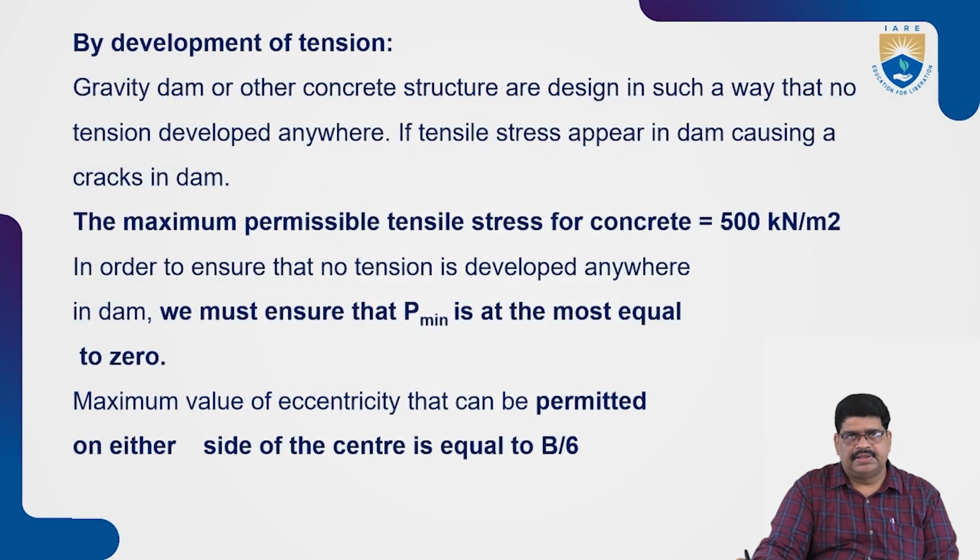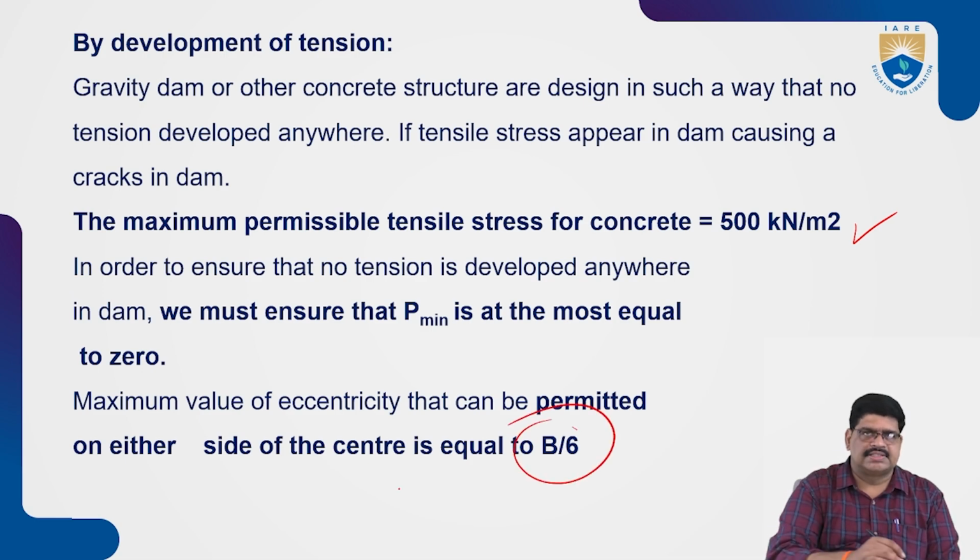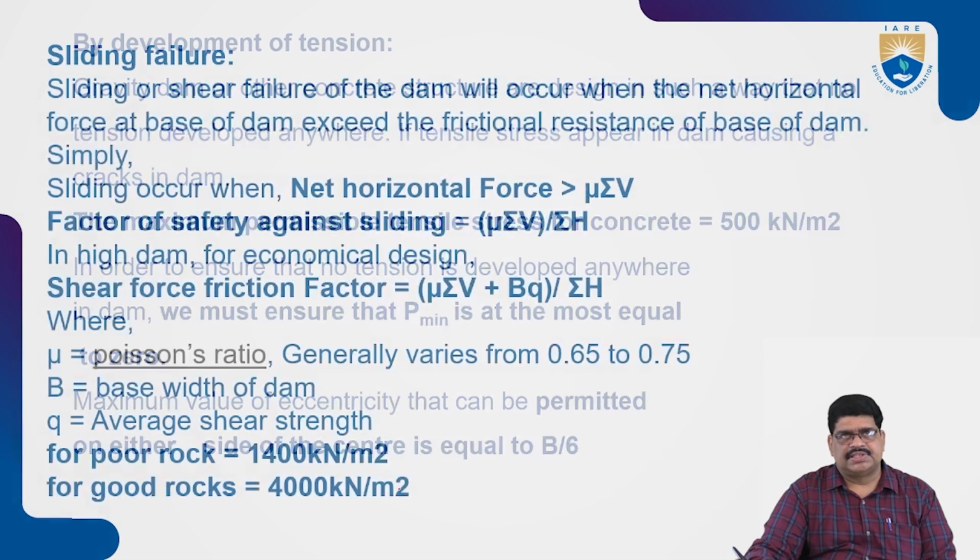Next, for no tension to develop, the maximum permissible tensile stress for concrete is 500 kilonewton per meter square. In order to ensure that the minimum stress does not go below 0, the maximum eccentricity permitted on either side is equal to B by 6. On either side, it has to be B by 6.